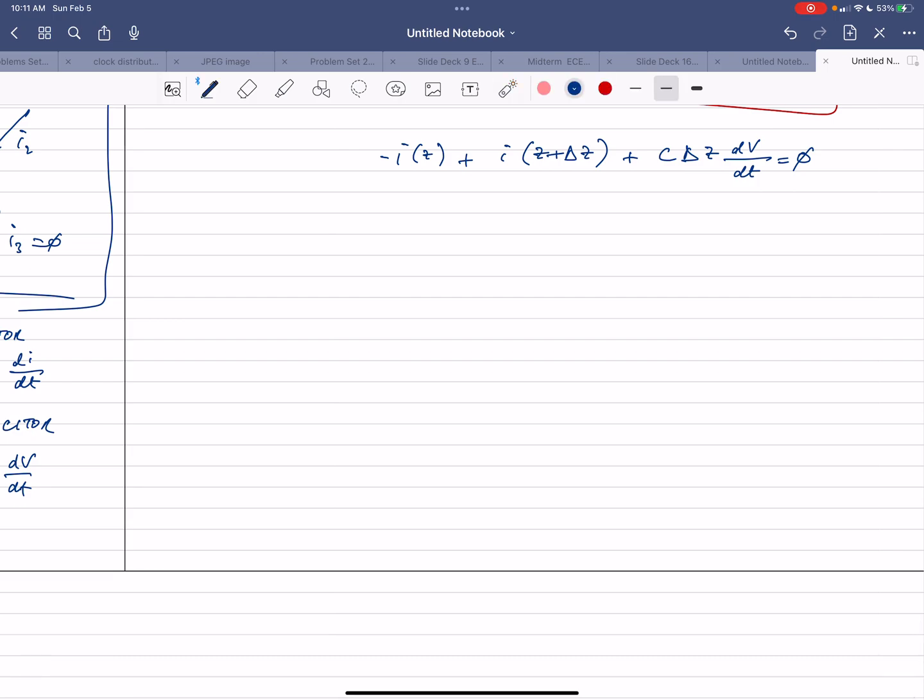And again, if I take the limit of this as delta z goes to 0, I'm going to end up with equation 2, which is dI(z,t)/dz is equal to minus C dV(z,t)/dt.